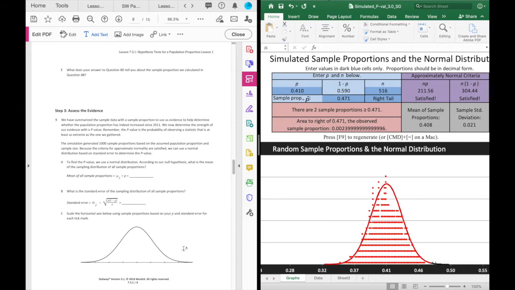It says, what does your answer to question 8D tell you about the sample proportion we calculated in question 8B?